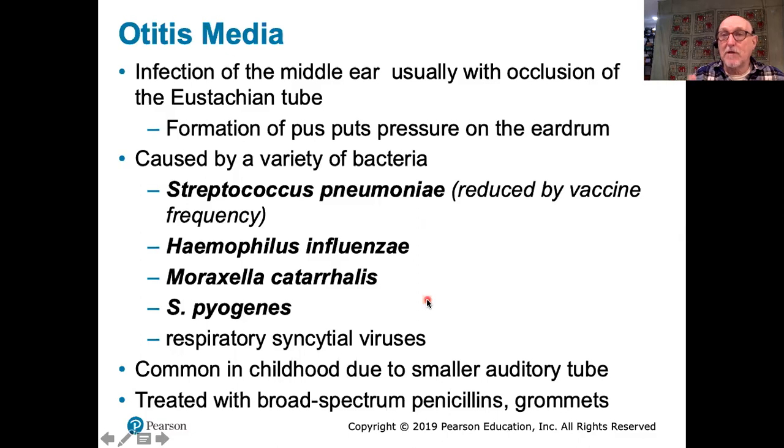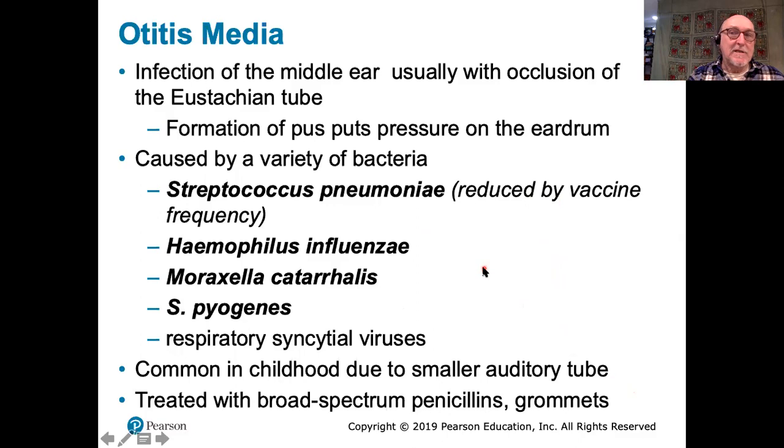Haemophilus, Streptococcus pyogenes, and various others can do this. Because it's difficult to tell what bacterium it is that's doing it very often, children will be treated with broad spectrum antibiotics to try and relieve it.